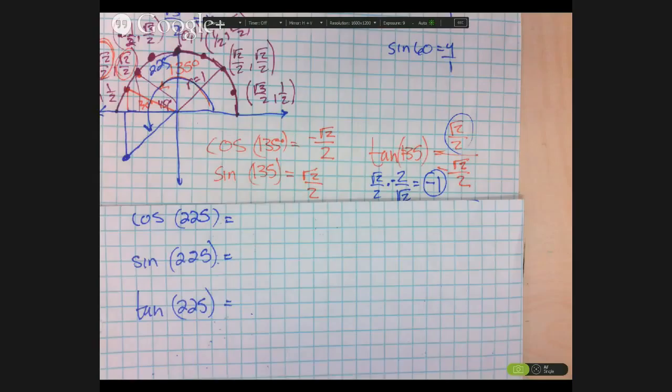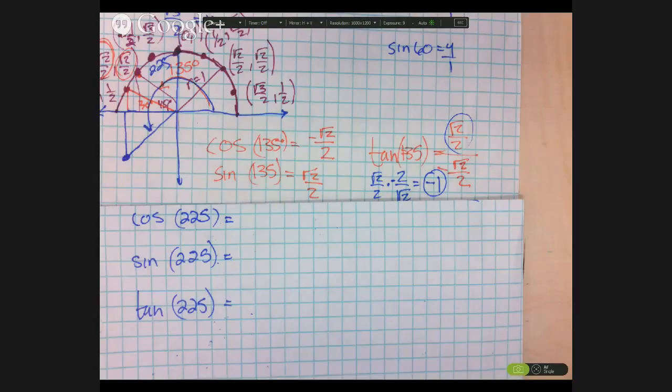225 is... What's the reference angle? What is the x-axis? What is that angle? The reference angle.